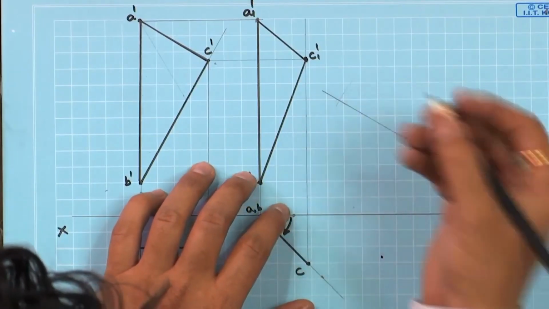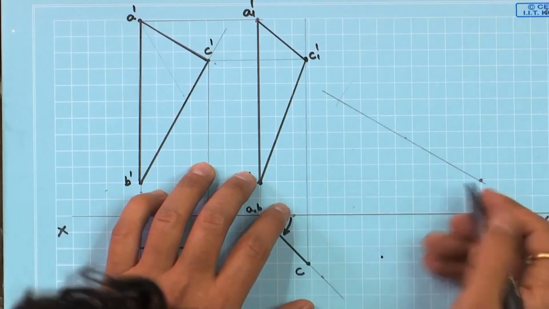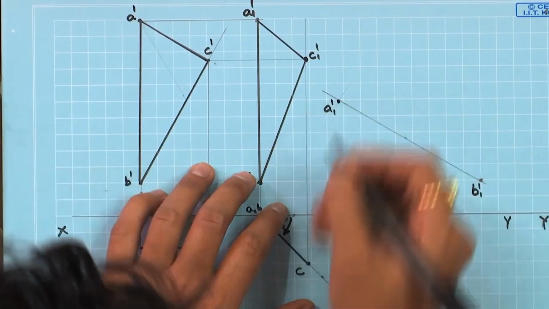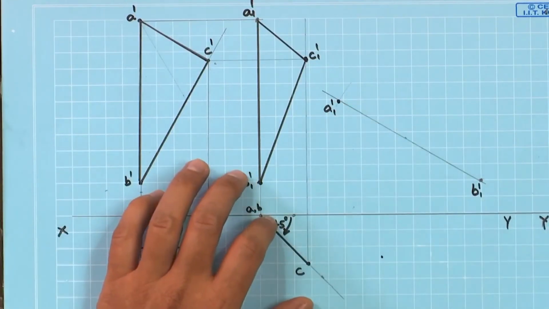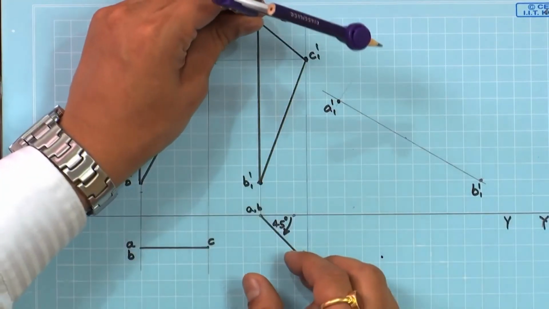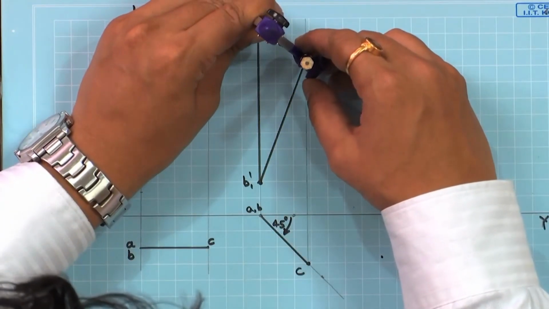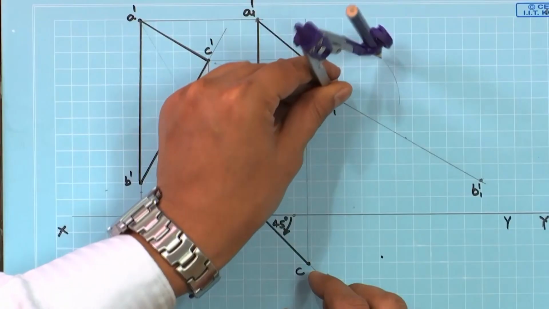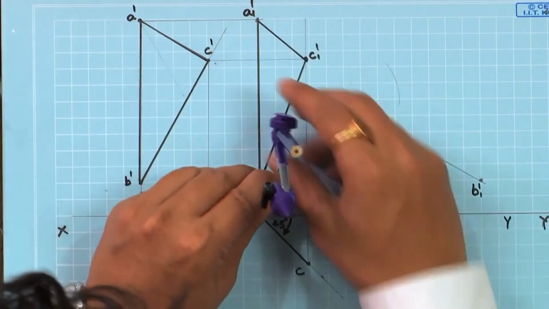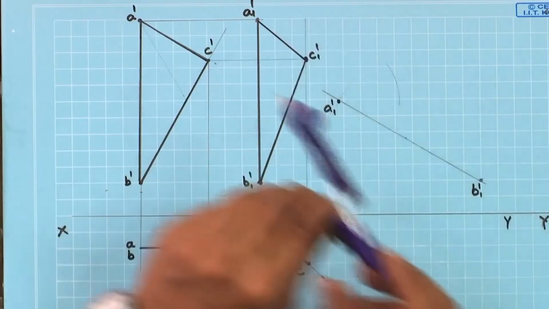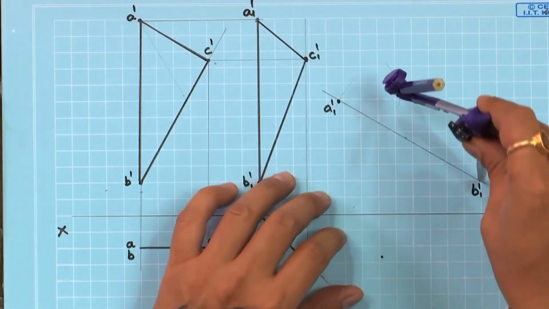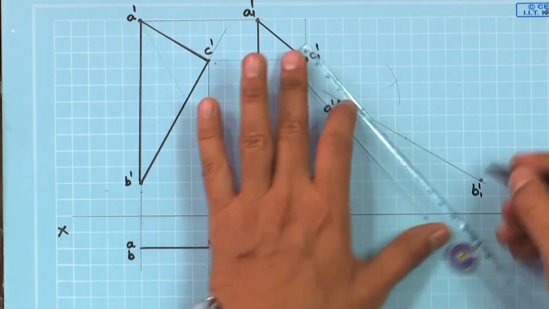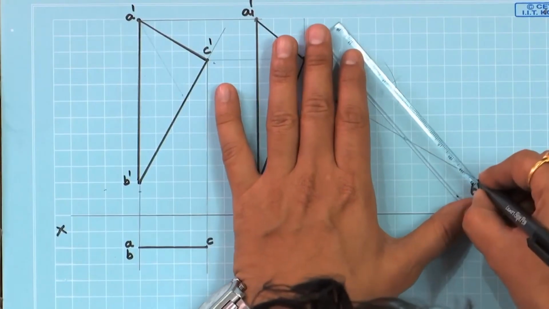So, our B1 point is here, A1 point here, and C1 point will be the same by transferring from here whatever the radius we have. Join these by lines.